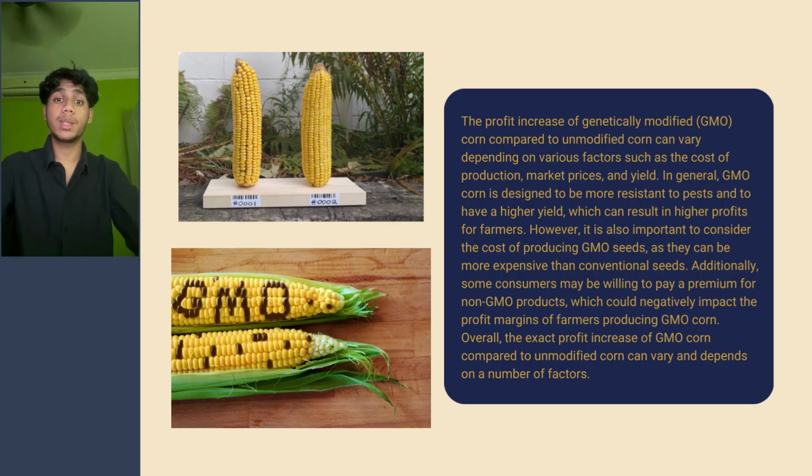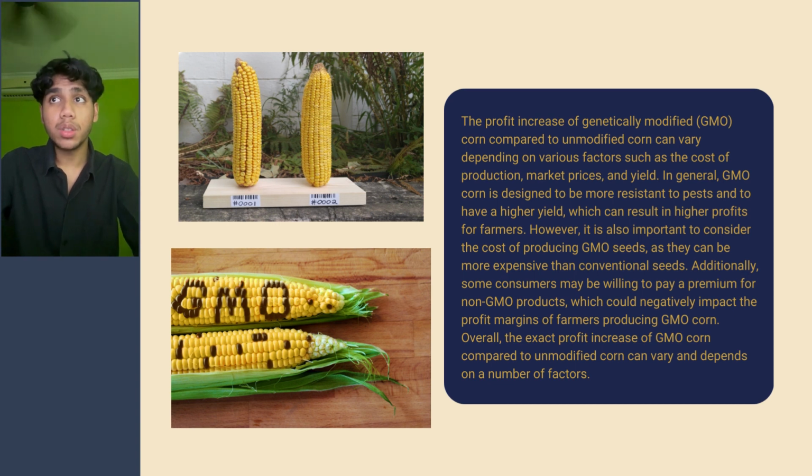To conclude, from all those studies, the profit increase of genetically modified corn compared to unmodified corn can vary depending on various factors such as costs of production, market prices, and yield. In general, genetically modified corn is designed to be more resistant to pests and have a higher yield, which can result in higher profits for farmers.